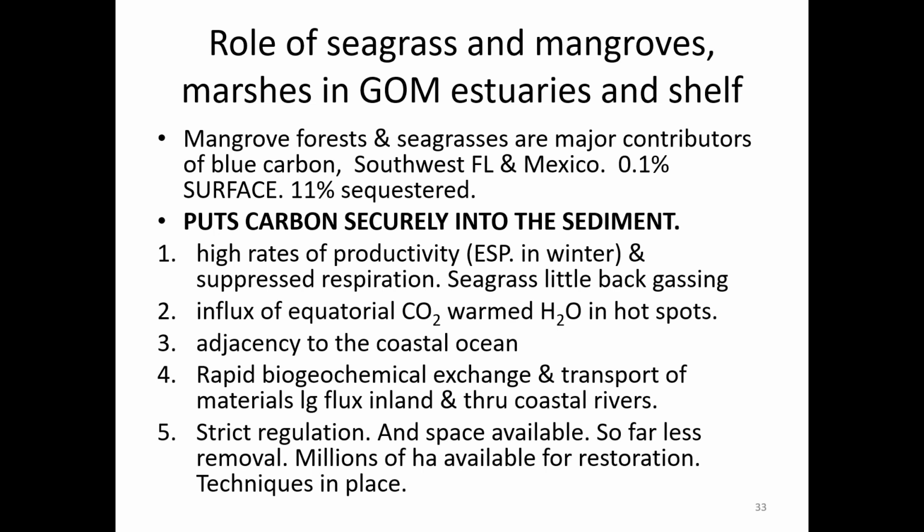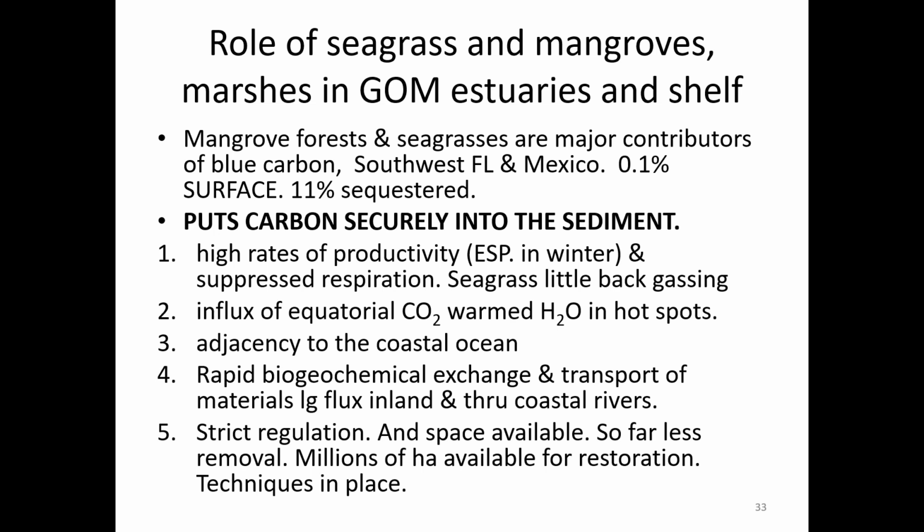And we find that productivity in the winter is very high in the south, that is below South Texas and below Tampa Bay in Florida. And the seagrass was particularly productive, as were, of course, the mangroves.